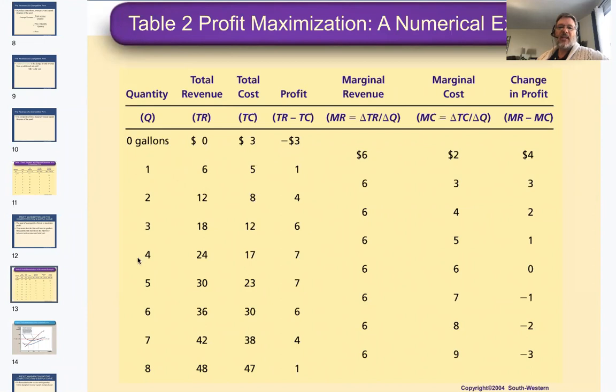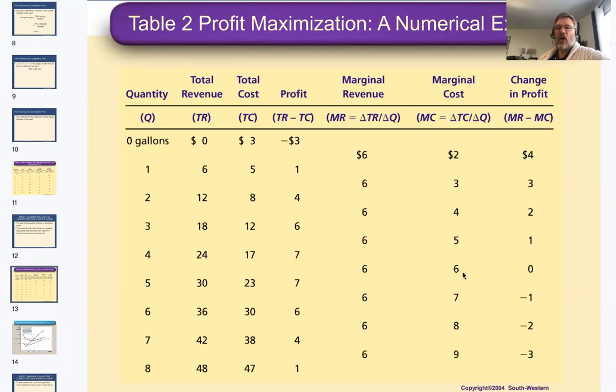So pay attention to what's going on when the quantity of output is equal to 4 and 5. In both of those cases, notice that profit hits 7, which is its highest level. But in particular, notice as the firm is going from 4 units to 5 units that its total revenue is going from 24 to 30. So its marginal revenue, the change, is 6. And the marginal revenue is 6.